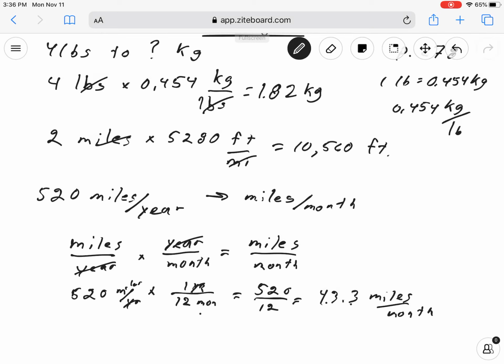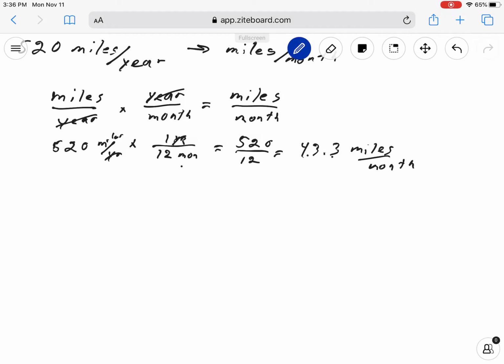Okay, let's do another one of these. Let's go ahead and say, well, we have a swimming pool, so I'll go ahead and switch to blue just for grins. And it's being filled with water, or filling a pool, and it's being filled at the rate of 300 gallons per hour.